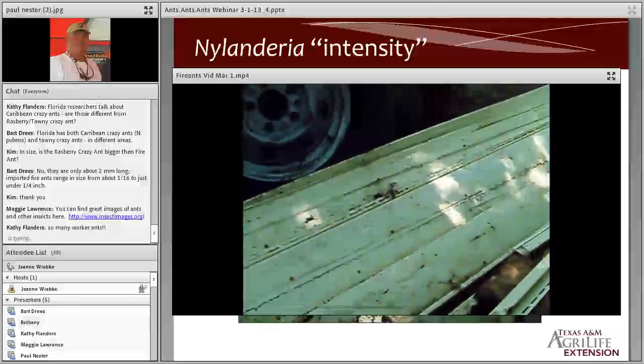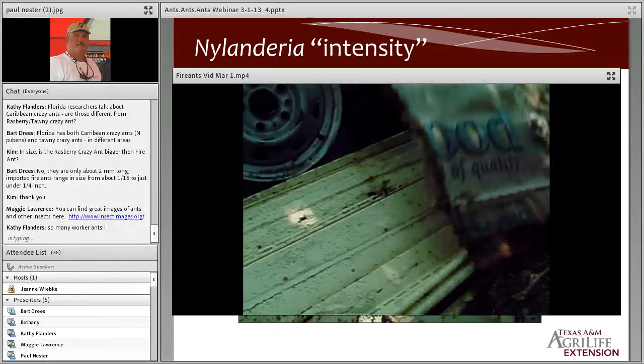This is very high contrast, the white siding versus the ant. But when it pans out to the large area, the same intensity of this species is seen on the sides, around the shingles, and on the car tire that you see in the area there.